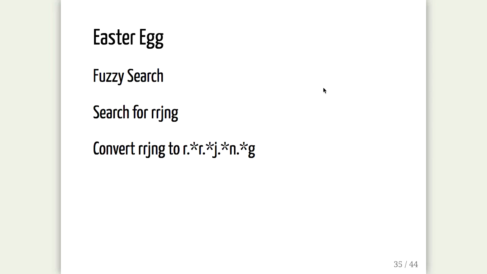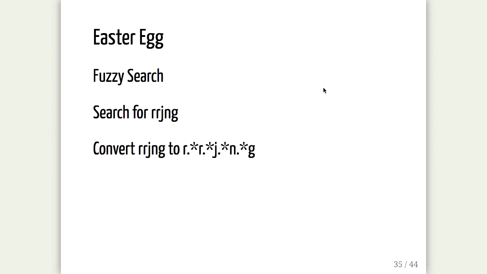I came across an article where somebody had implemented a fuzzy search in Python. I'd never thought about how you do it, but the method was ridiculously simple. You take what the user has typed in, and you convert it to a regular expression with dot stars between each letter. And then you search for that regular expression.